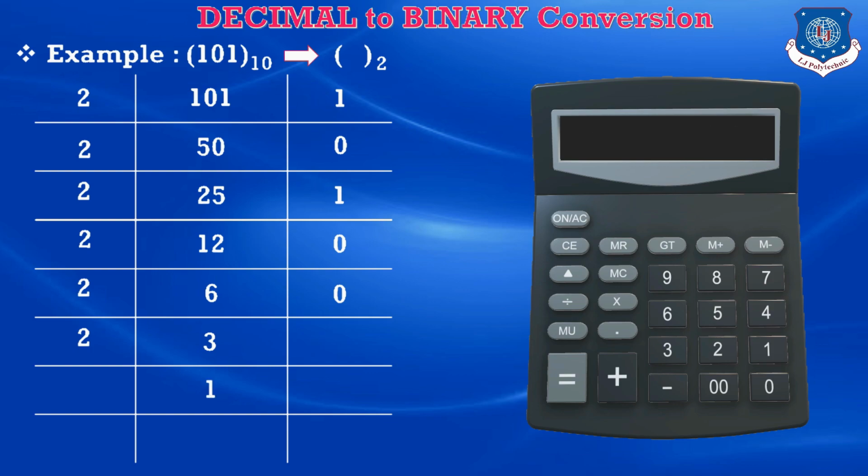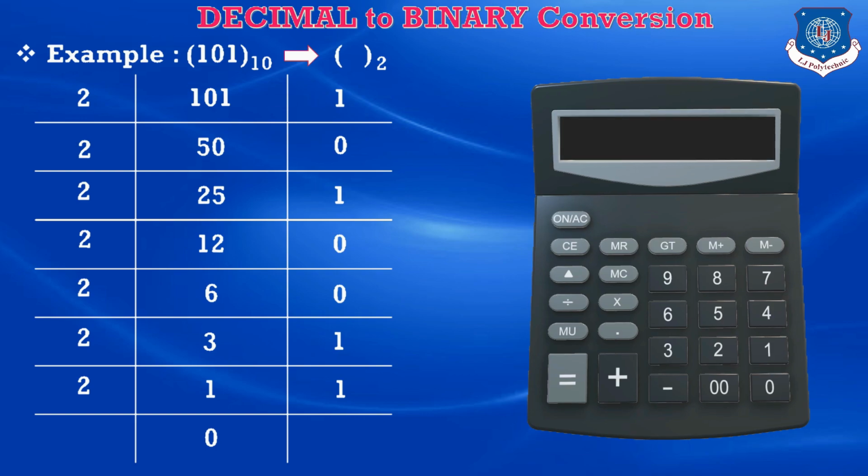Here 1 becomes the quotient and 0.5 is multiplied by 2, so we get 1 as the remainder. Now the last step, 1 divided by 2 gives 0.5. Here 0 becomes our quotient and 0.5 is multiplied by 2, so we get the remainder 1. Now here 0 is our last quotient or last step, because 0 is a mandatory term for the quotient, right.